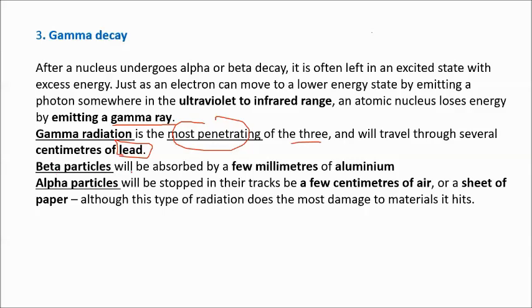Okay, so beta particles will be absorbed by a few millimeters of aluminum. And alpha particles will be stopped in their tracks by a few cm of air or a sheet of paper, although this type of radiation does the most damage to materials it hits.